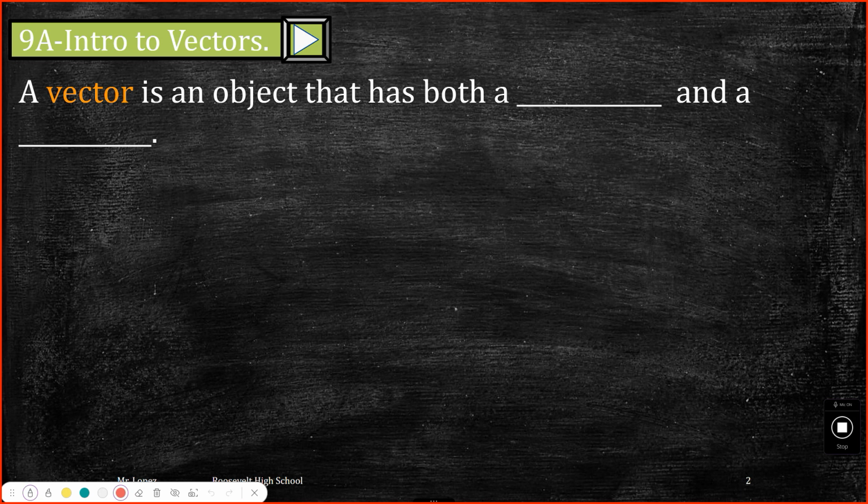Force. In physics, I don't know if you are taking or took physics before, the direction of something like a punch has how much force it has and in what direction. So a vector is an object that has both a magnitude and a direction.